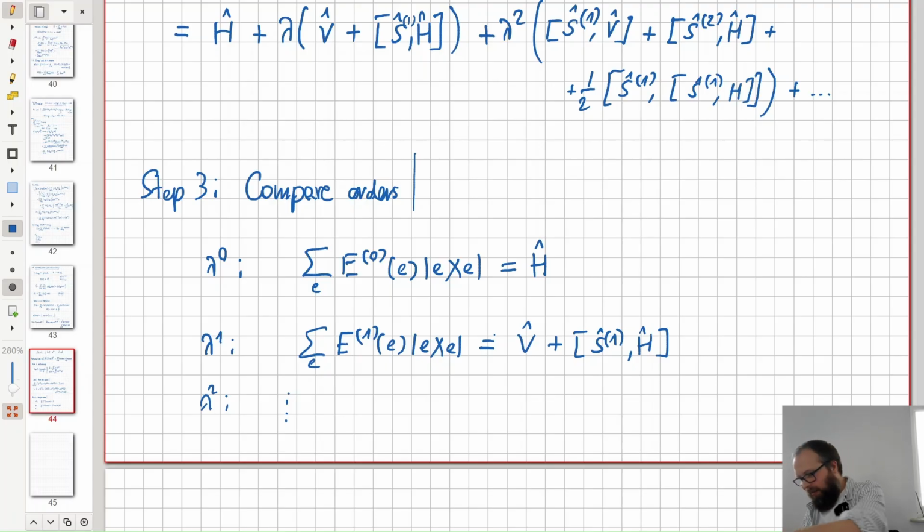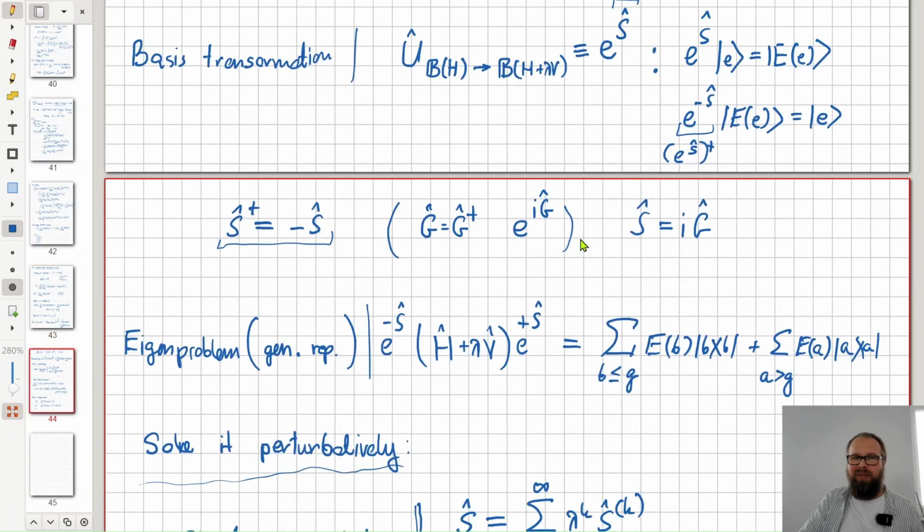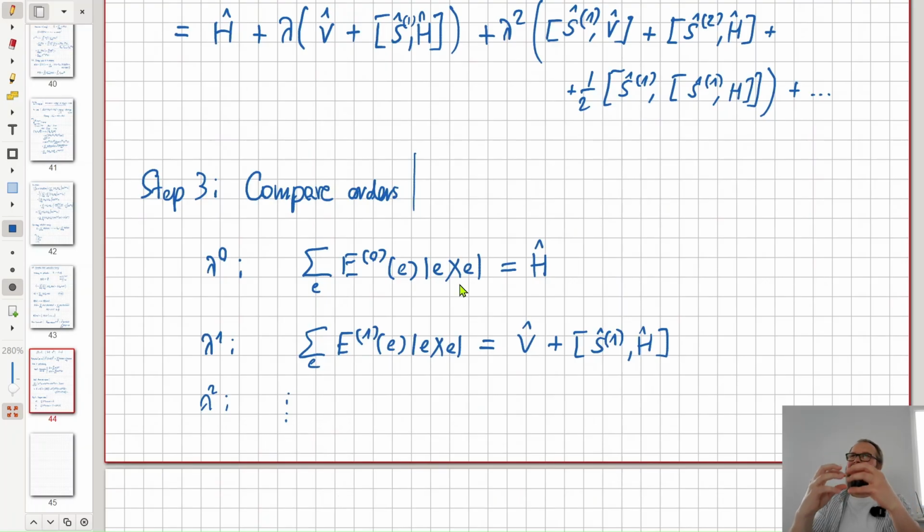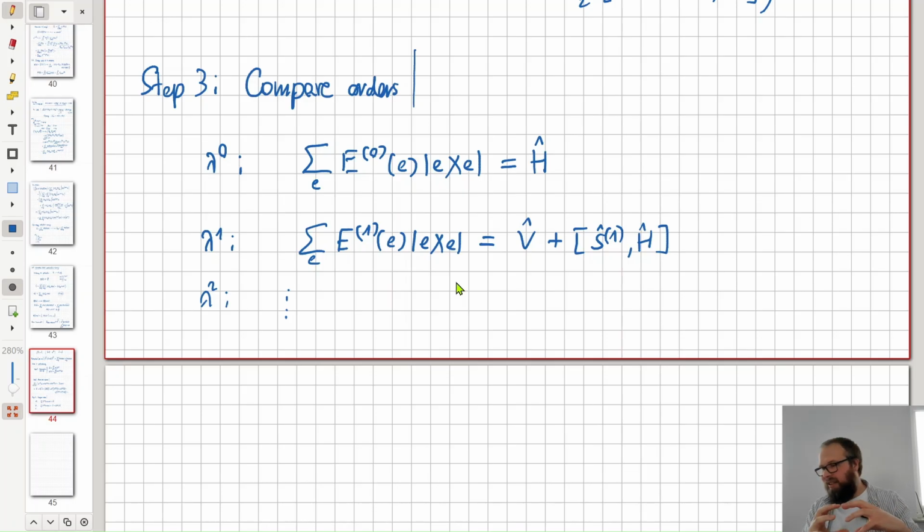Now, once you do this, you can proceed and try to solve these equations, because the initial problem is difficult, but now we've broken it down into manageable chunks, an infinite number of manageable chunks. In other words, if our assumptions about series expansion were true, so the convergence and such is true, we should be able to go order by order.